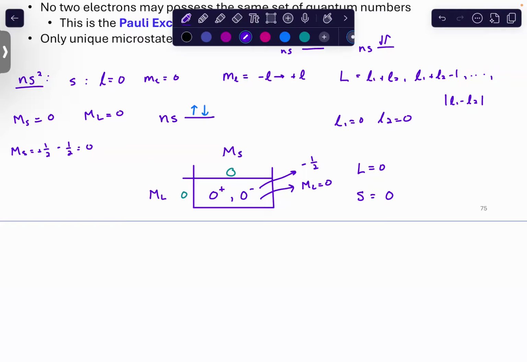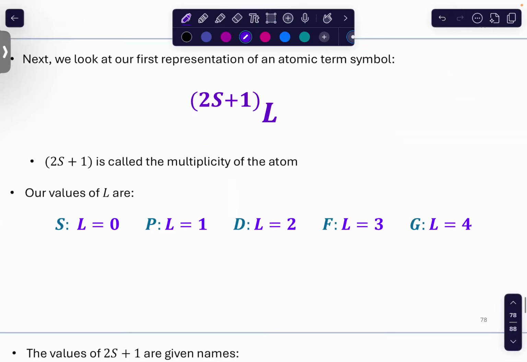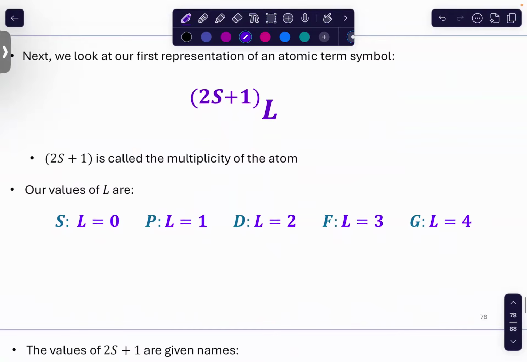And then you say, well, what kind of term symbol can this go with? Let's look here at our term symbols. This is your first type, but there's a more complete one. But this will work for now. You have 2S plus 1, and then L is going to be your term symbol.